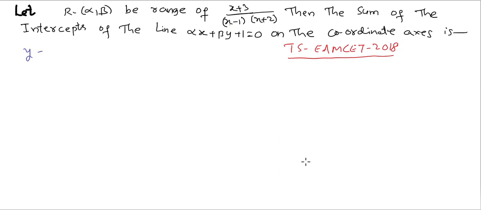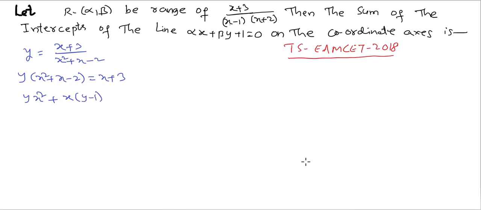Let y = (x + 3)/(x² + x - 2). So y(x² + x - 2) = x + 3, that is y x² + x(y - 1) - 2y - 3 = 0.